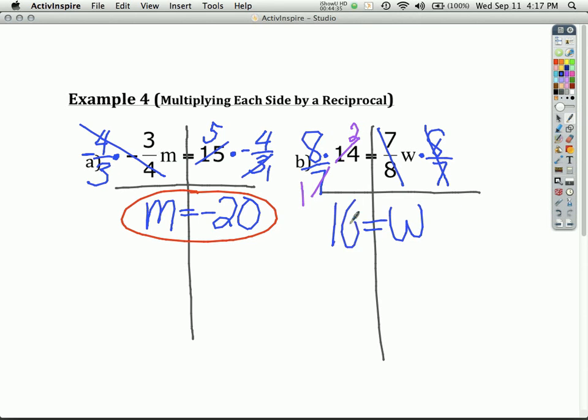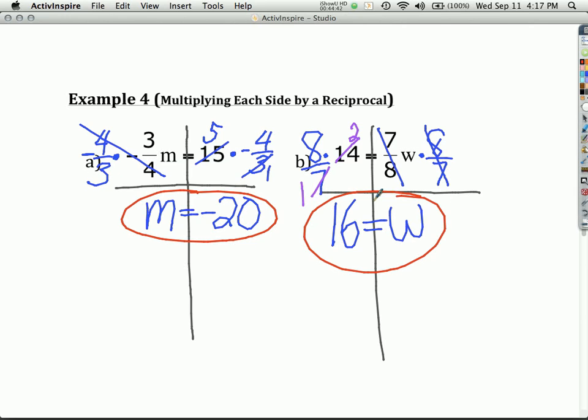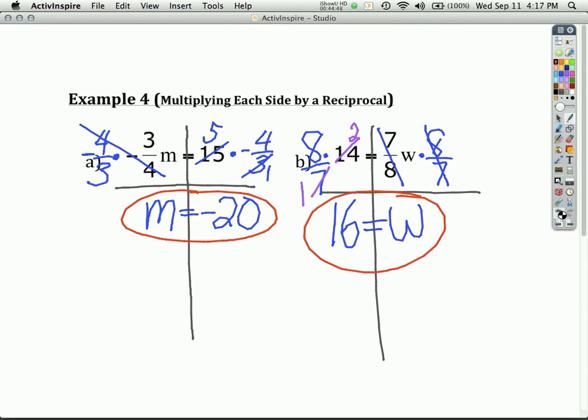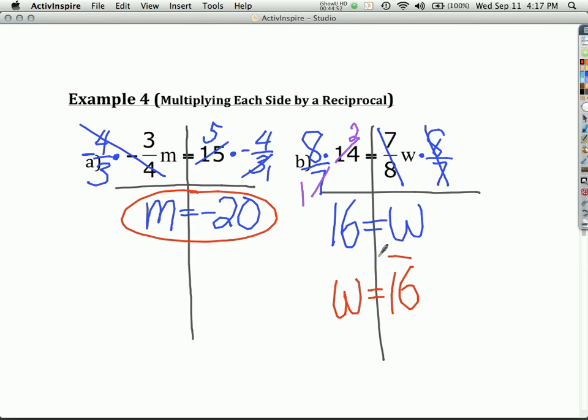So W equals 16, and if I check that mentally, it does work. Michaela? Yes, you're right. So it should be the W on the left equals 16. Thank you for correcting me.